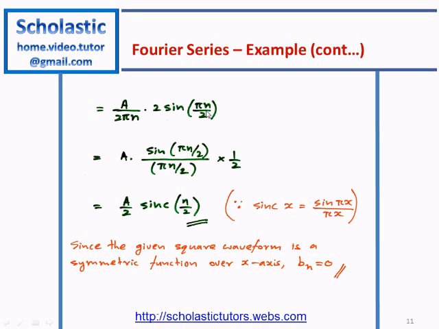Earlier it was pi n by 2 only. We can have a denominator and then find out how you distribute the remaining terms. So there's a half missing, so basically a half will come out there. And this term, as we have seen just now, is sinc(n by 2).